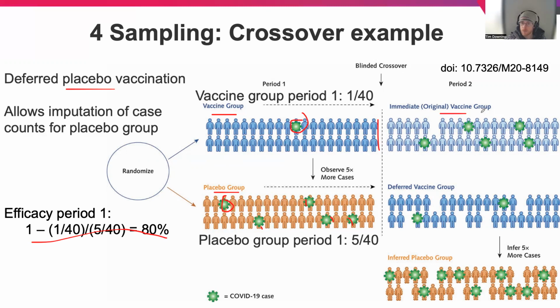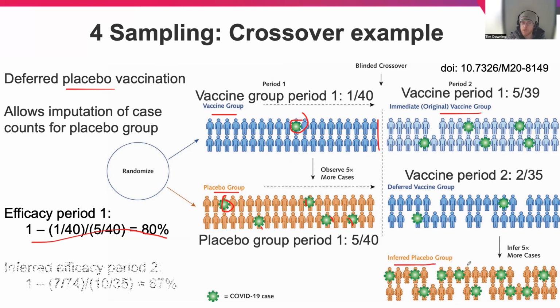So if you look at the original vaccine group, so 1 person dies, you've got 5 out of 39 here for this group. And then for their deferred vaccine group, we've got 2 out of 35. So that means we can use these two values to compare against the inferred placebo group. So that means we can get the inferred efficacy for period 2 of being slightly lower at 67%.